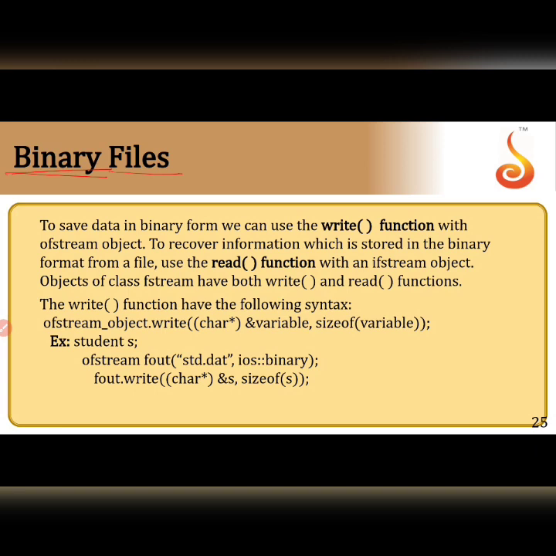So, to save data in a binary form means to write to a file, right? We use the write function with the ofstream object. Yes, because ofstream is for writing, we have to use the write function if we want to store the data in the binary form or save the data in binary form.